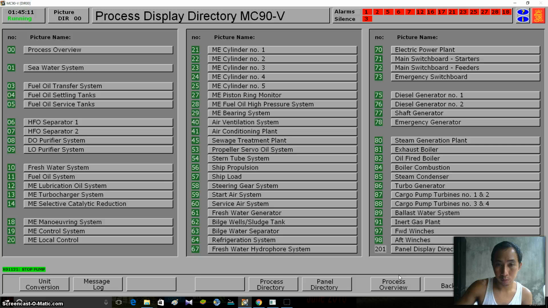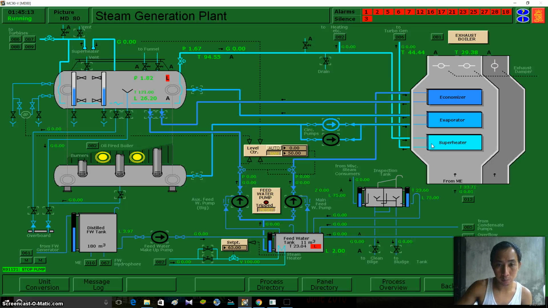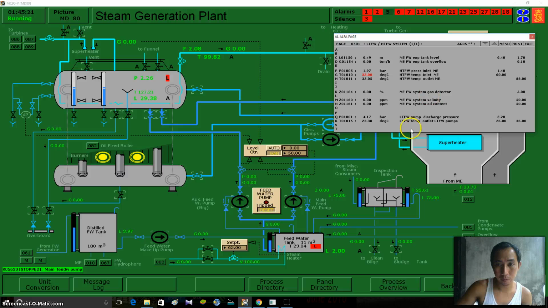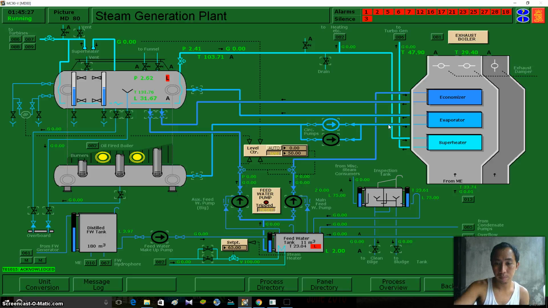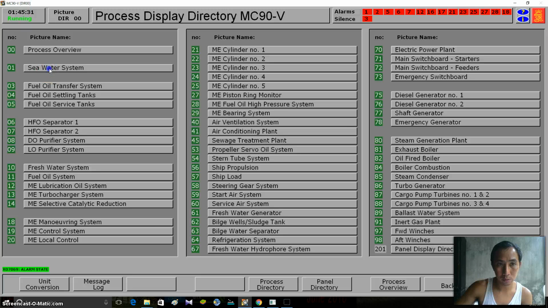Okay, going back to our steam generation plant. Okay, we open this one. So this one is open. We're going to start. Okay, it's okay, no problem. Let's check if it's set to auto.